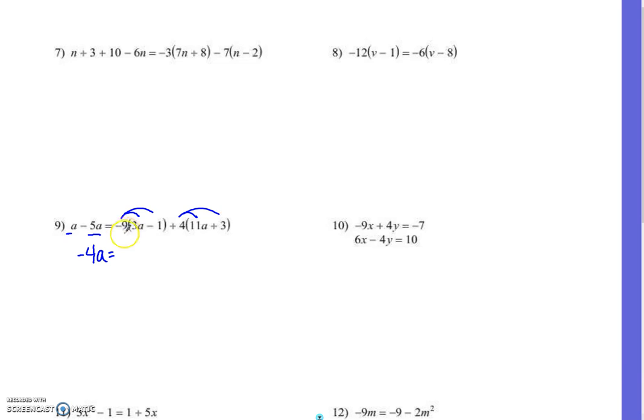So negative 9 times 3, well, that's negative 27 with an a on there. Negative 9 times negative 1 is positive 9. 4 times 11 is a positive 44 with an a there. 4 times 3 is 12. So just distributing. Y'all can do that. This negative 4a just comes down because there's nothing I can do with that. Then you're going to combine negative 27 plus 44.